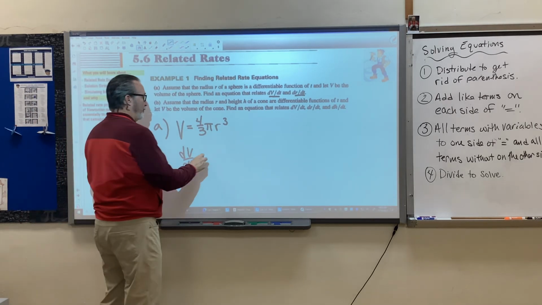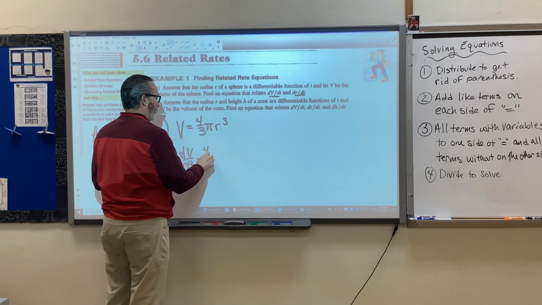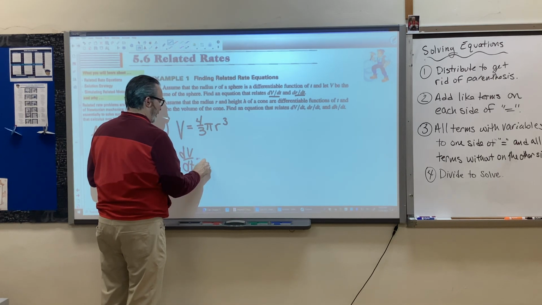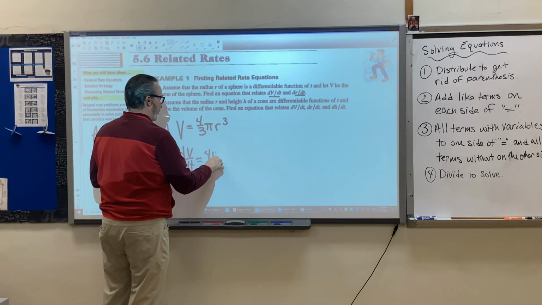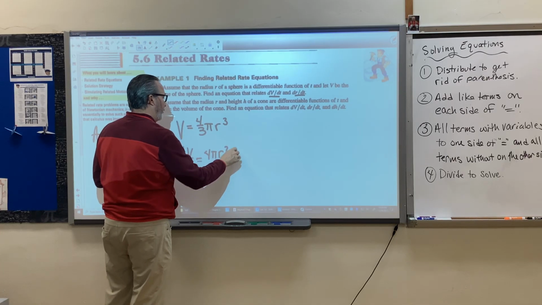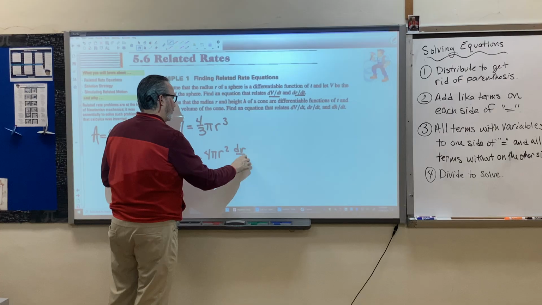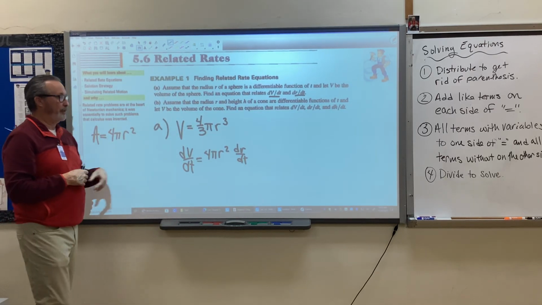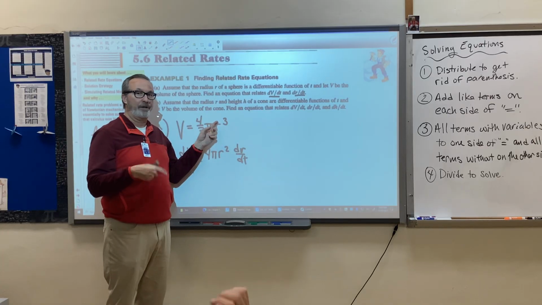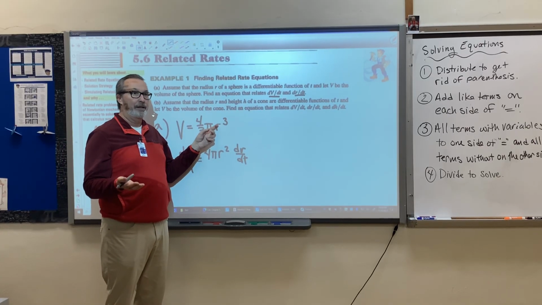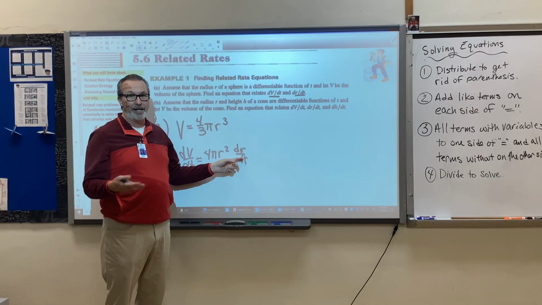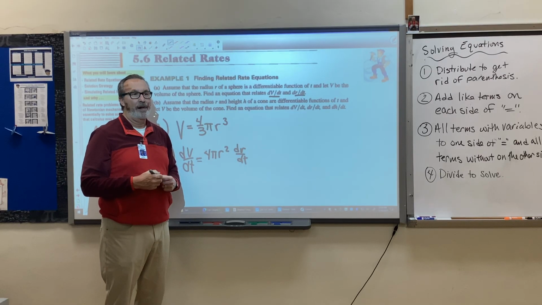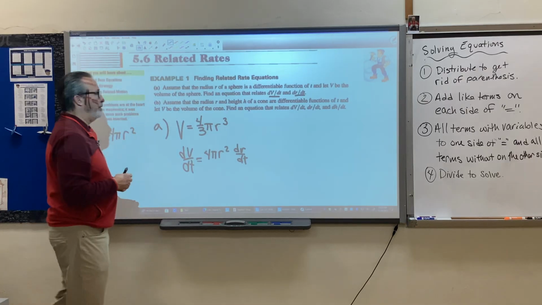Times dr/dt. The derivative of r cubed is 3r squared, so dV/dt is 4 pi r squared dr/dt. We took the derivative of this function r cubed, and we have to multiply by the derivative of what's inside, using the chain rule, multiply by dr/dt, the rate of change of the radius as time goes.